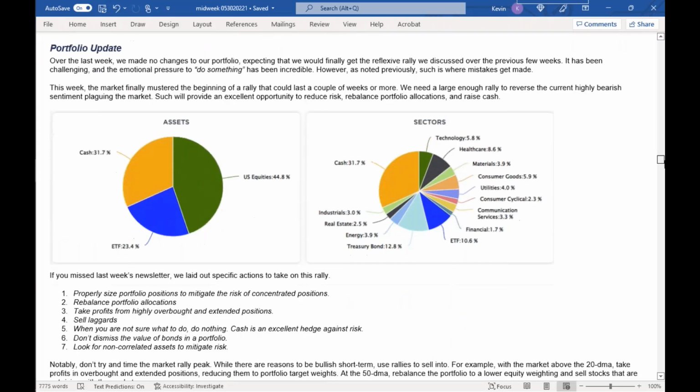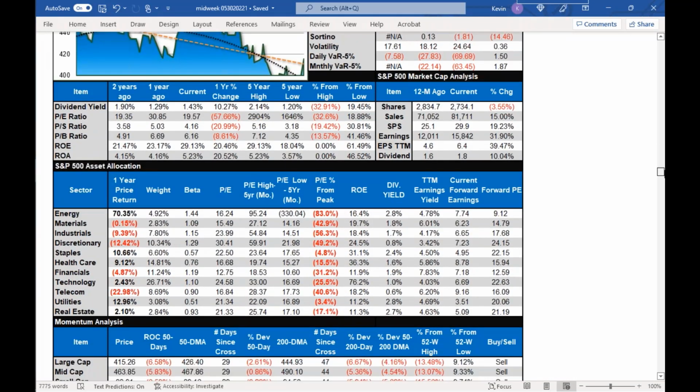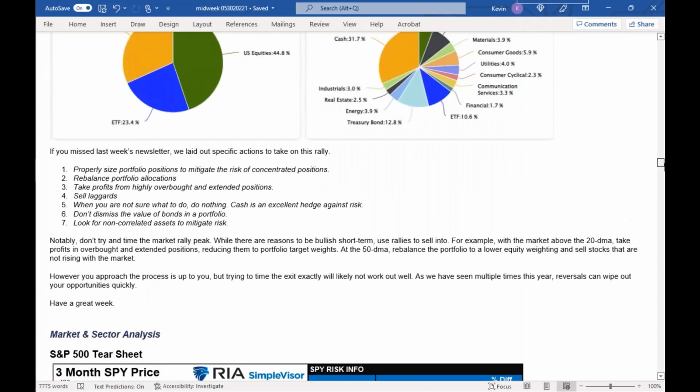In fact, as they went through their portfolio update, here's what these guys do. They are 31% cash, equities at 44.8, ETFs at 23.4. They kind of went through sectors and broke out how they're doing in each sector, which I think is a chart up here, which I'm going to go through with you, which I found pretty interesting.